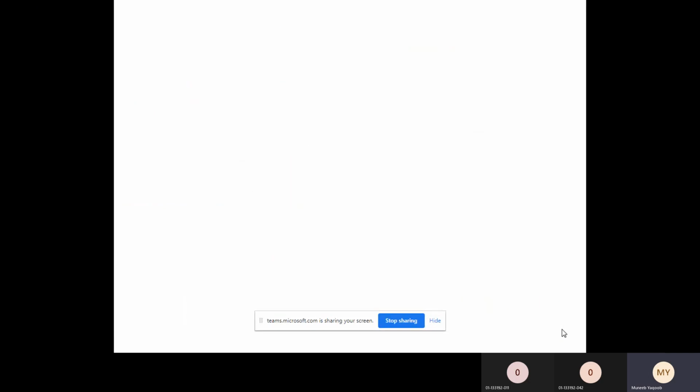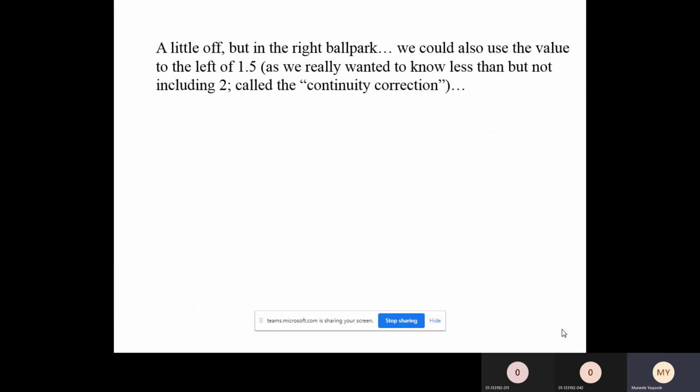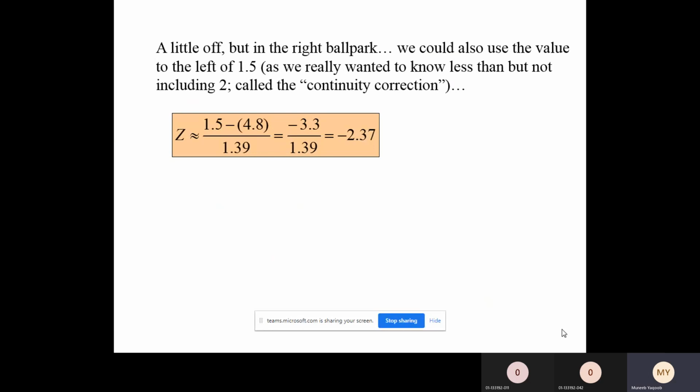Rather than the probability of x less than 2, we will compute the probability of x less than 1.5. Why 1.5? Because the question was probability of x less than 2. So if x is less than 2, then the upper bound of x must not be greater than 1.5. So for the probability of x less than 2, we will take x as 1.5.